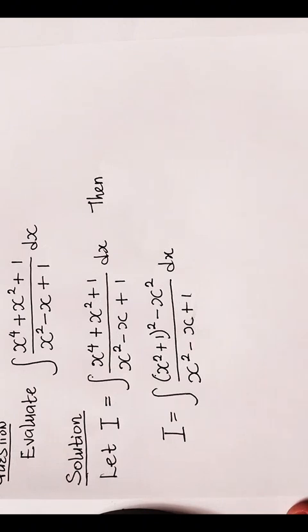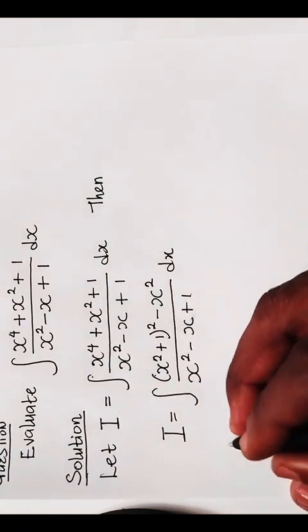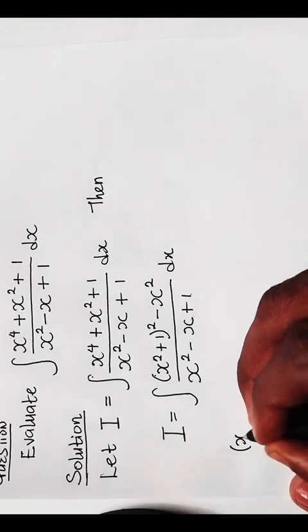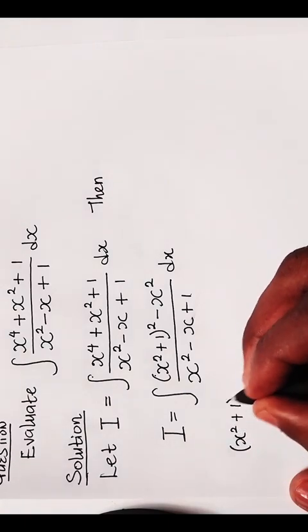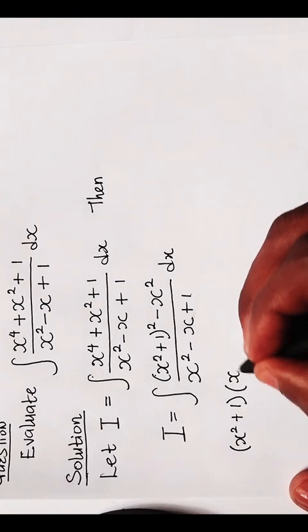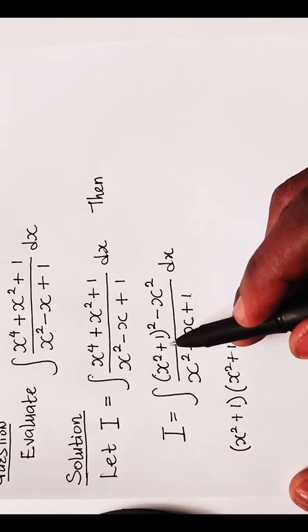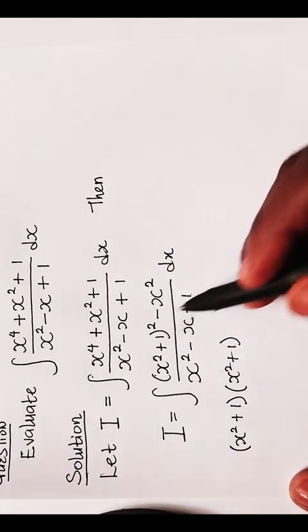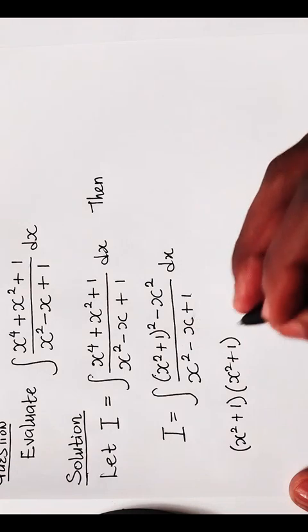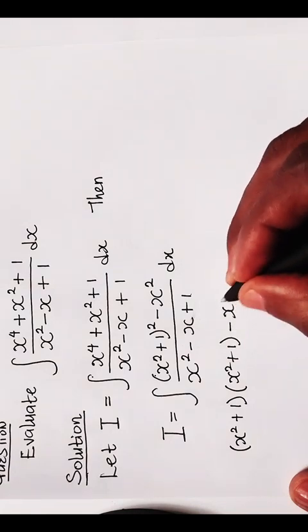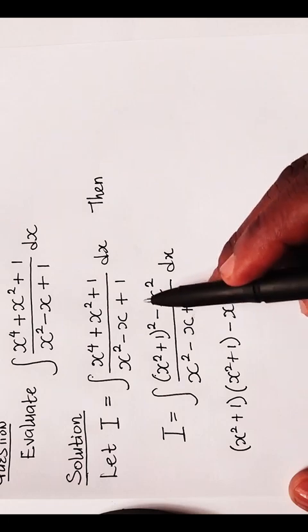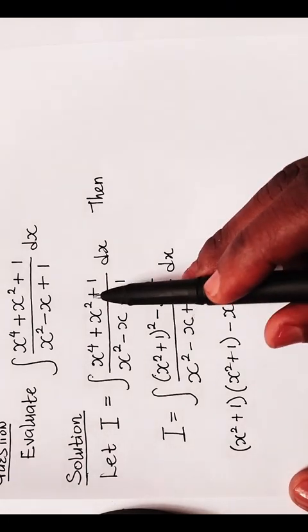Now, what we have just written here is x^2 + 1, x^2 + 1. If we want to confirm that it actually gives us what we have here, remember we have negative x^2. Let us see if it can give us what we have here.